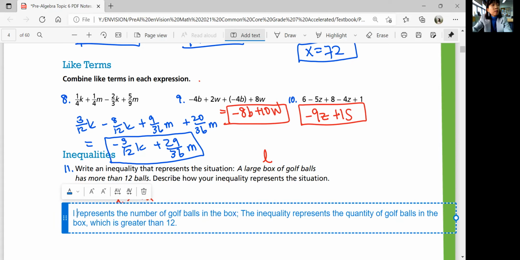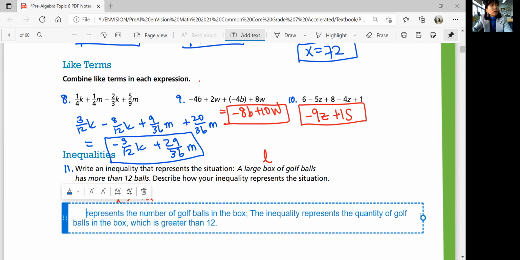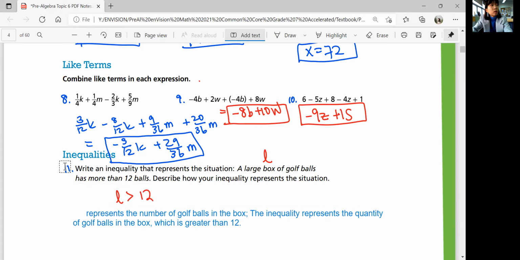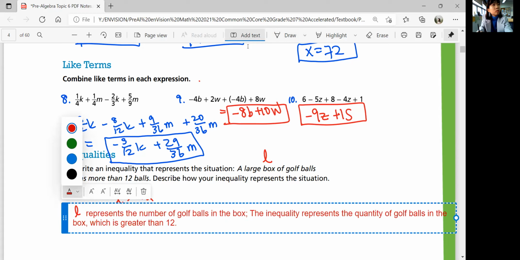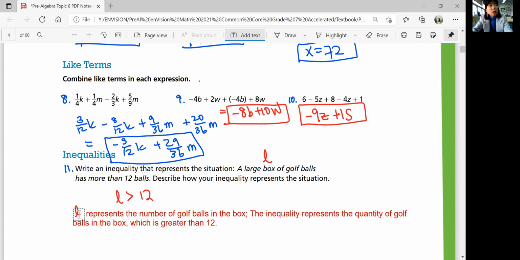Okay, so L represents the number of golf balls in the box. The inequality represents the quantity of golf balls in the box, which is greater than 12.